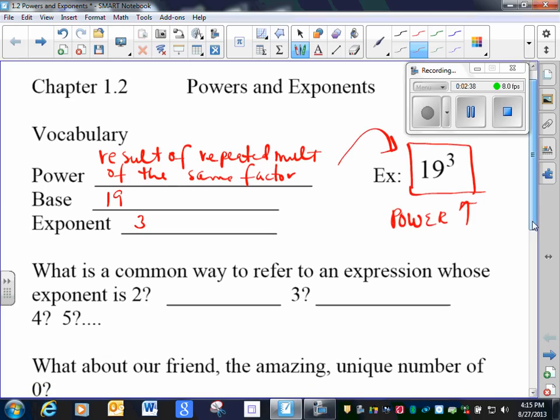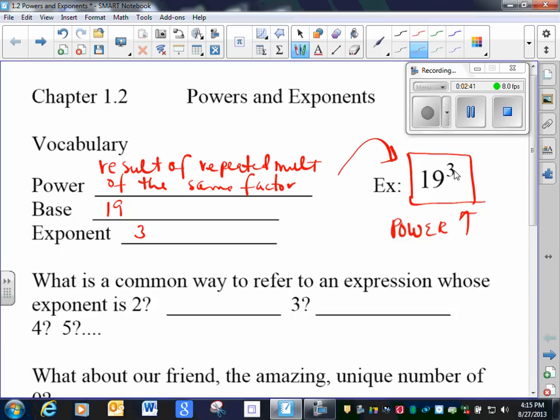So let's talk about some special exponents. When you have an exponent of 2, we have a little nickname for it. Can you think of it before I write it down? If I say x is to the second power, what's another word or another way to say that? It's squared.